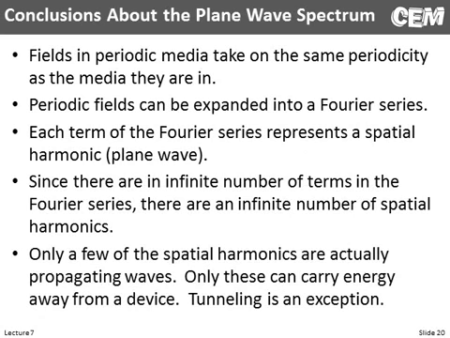So here are the conclusions that I'd like you to come away with for the plane wave spectrum. Fields in periodic materials take on the same periodicity as the thing that it's in. We can expand a periodic function into a Fourier series. Each term of the Fourier series is now a discrete thing, and it becomes a plane wave at a discrete angle.